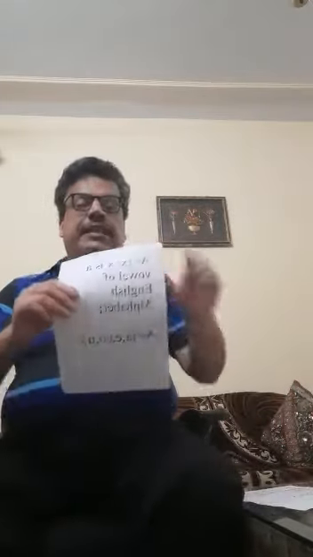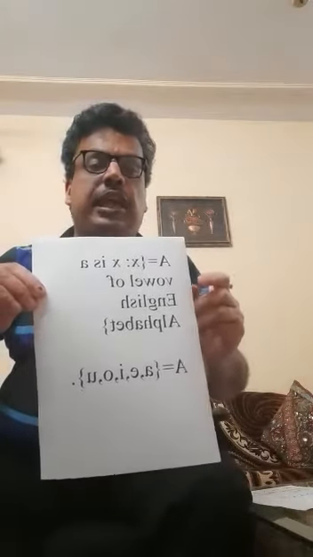What are the vowels? A, E, I, O, U. In set builder form, you have to just write x such that x is a vowel of the English alphabet.